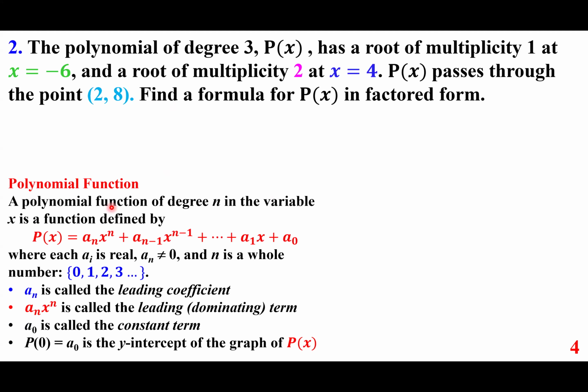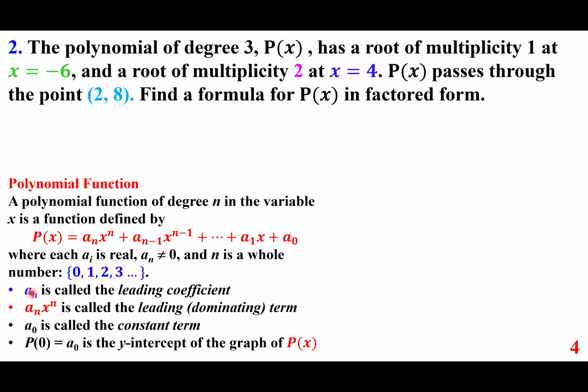A polynomial function of degree n in the variable x is a function defined by P of x equals a sub n x to the power of n plus a sub n minus 1 x to the power of n minus 1, all the way to plus a sub 1 x plus a sub 0, where each a sub i, the coefficients, is real, and the first one, a sub n, can't be 0, and n is a whole number, 0, 1, 2, 3 to infinity.